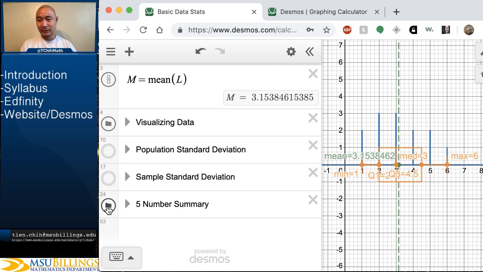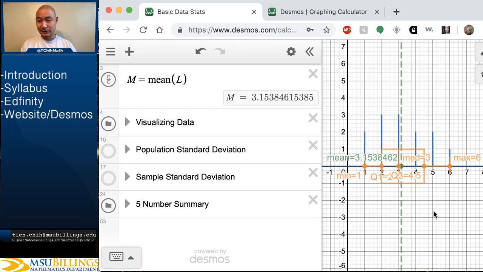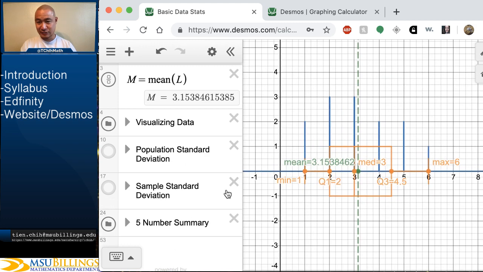And if we move this smaller so we can see it better here, what we have, if I click my 5-number summary, is a box plot, right? Okay, 1/4 of my data is here, 1/4 is here, 1/4 is here, and 1/4 is here.